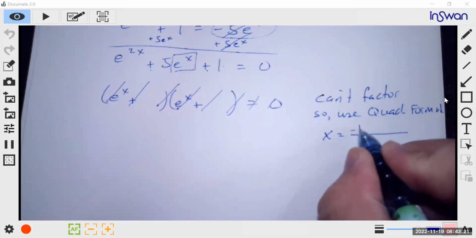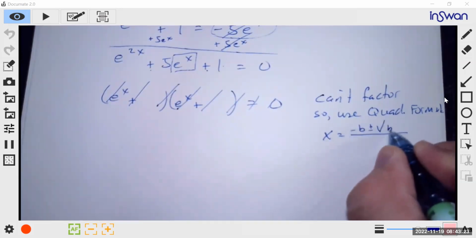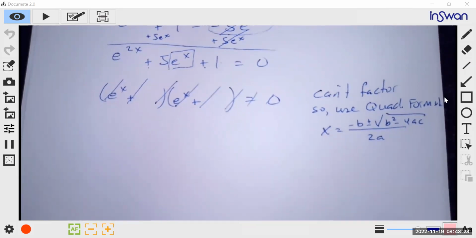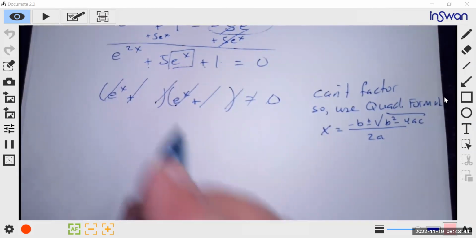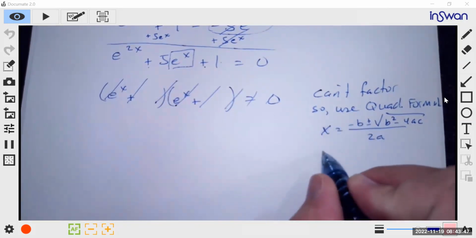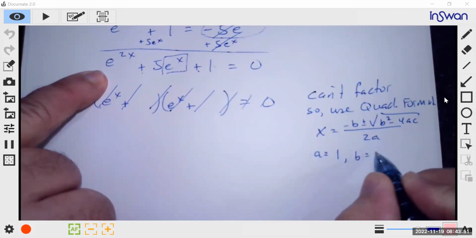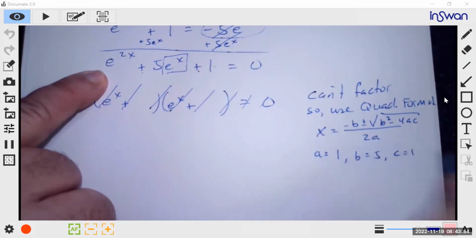x equals -b plus or minus the square root of b squared minus 4ac, over 2a. In our equation, a is 1, b is 5, c is 1.